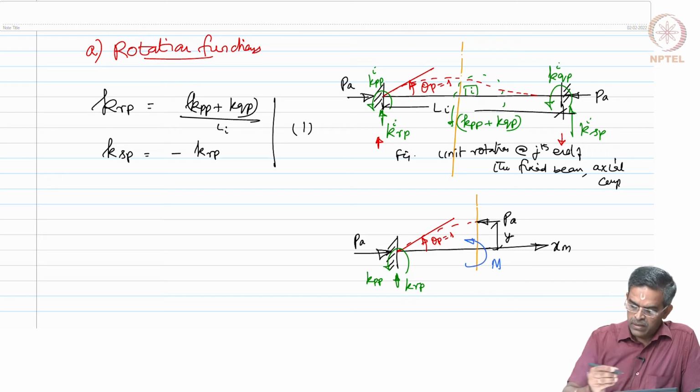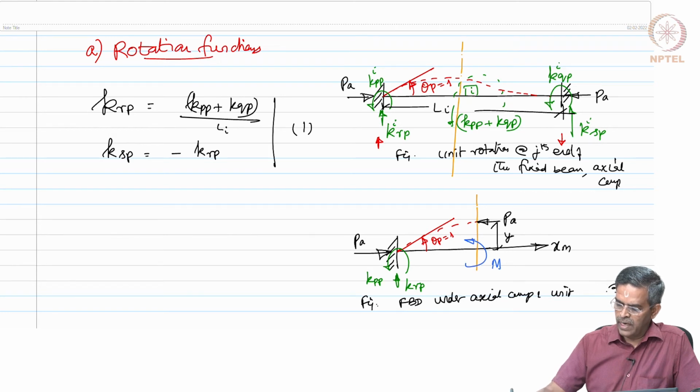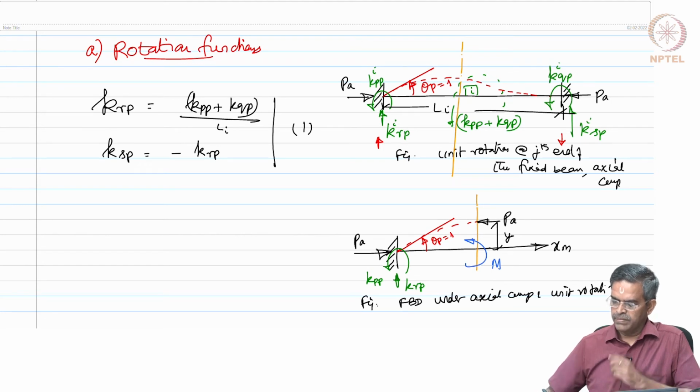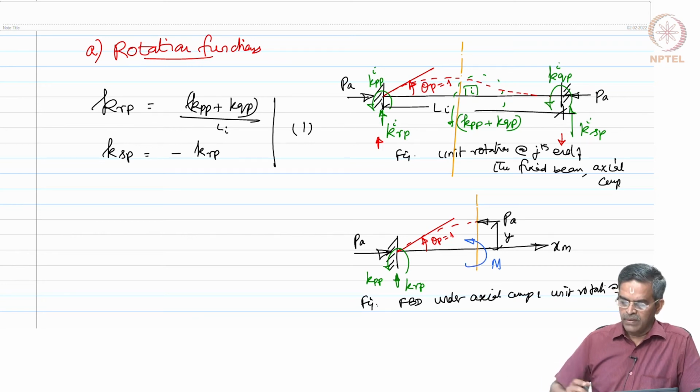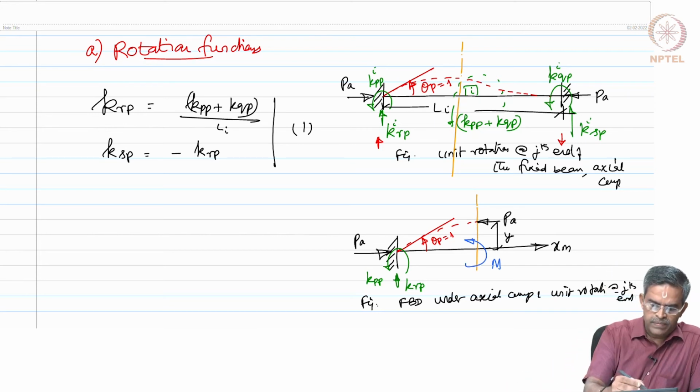I should say this figure represents free body diagram under axial compression and unit rotation at jth end. Can I say that? Right. Now, we also have the classical differential equation to represent this, okay, which we discussed. So, I will copy this figure or write it here itself.